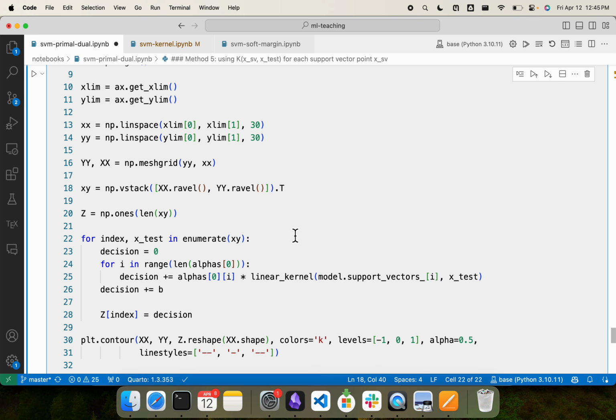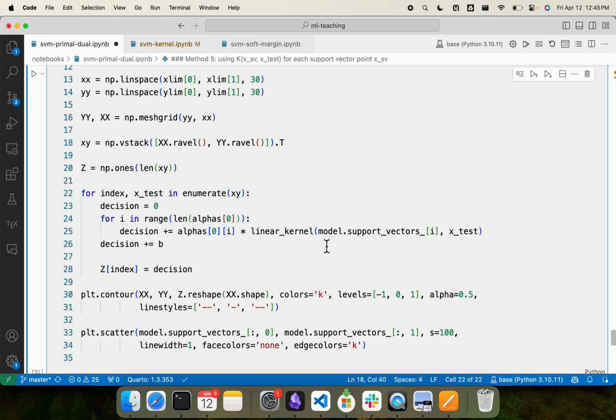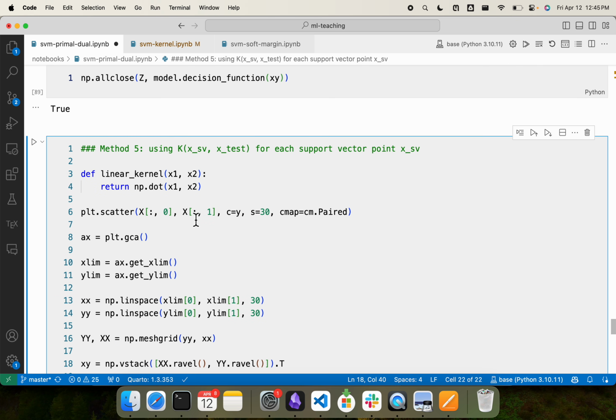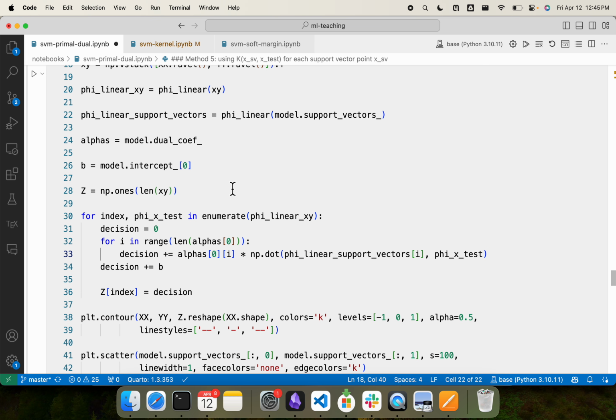The important thing I want to show here is that now I have my support vector in the original space, my test point in the original space. I pass them through my kernel function, which is then added to the alpha y, whatever we're doing. The important thing here is that the dot products, because of the linear kernel, are happening only in the low dimensional space. So I want you to very carefully look at these two lines.